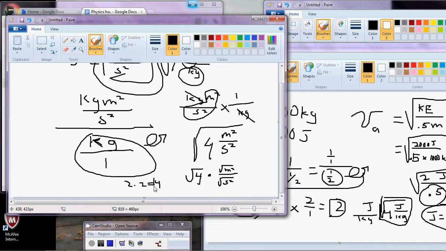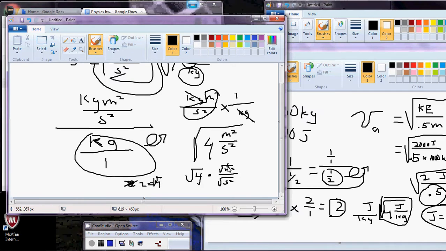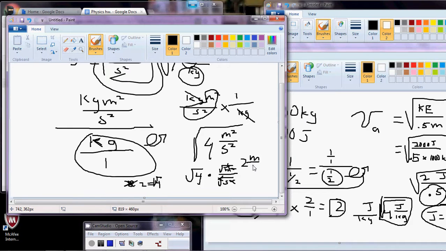Well, the square root of 4 equals 2. We're just getting rid of it. So it's going to be 2. The square root cancels out. The meters squared and seconds squared cancel out. So it's going to be eventually 2 meters over second. And that's our velocity for A.